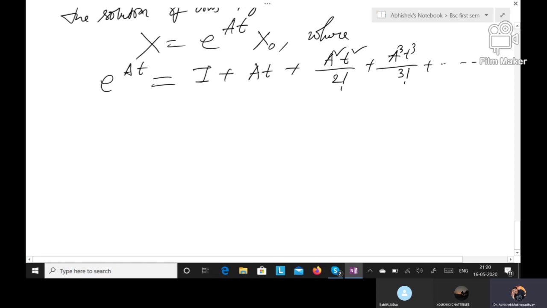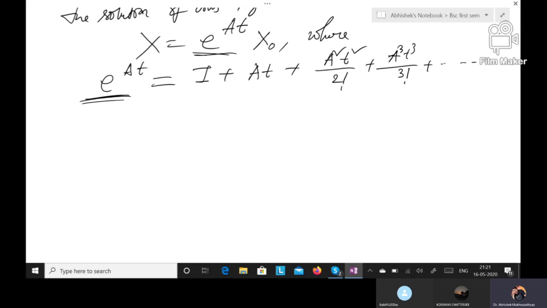So using this definition of the exponential expression of this matrix, we will have a theorem which says that this solution is unique.